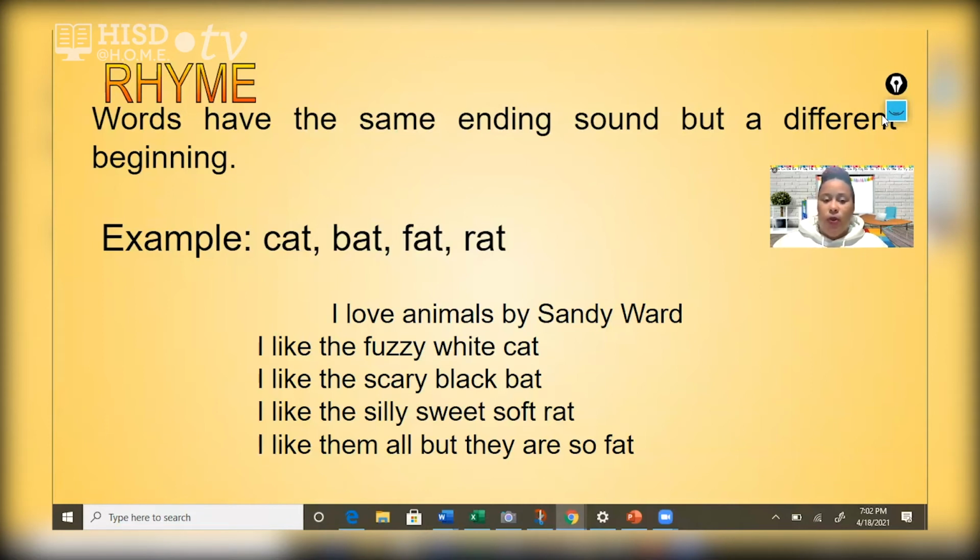In this example, we had cat, bat, fat, rat. They're all in the at family. Many times in poetry, a poem can contain rhyme. Not all poems will have rhyme. Some poems, the author will use rhyming words, which are normally found at the end of the line.